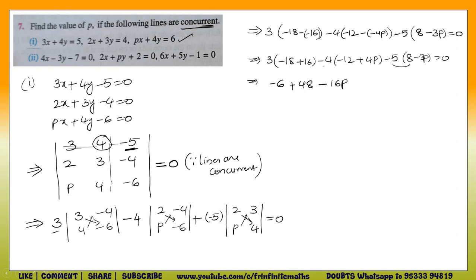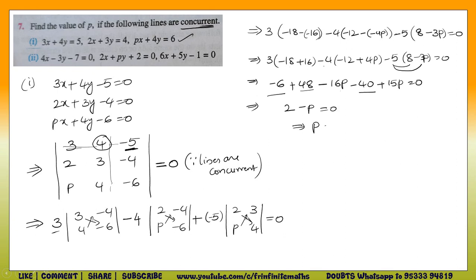Next, -5 times 8 is -40, -5 times -3p is +15p, equal to 0. Now simplifying, -40 and -6 is -46, -46 + 48 is +2, and -16p + 15p is -p. So the expression is equal to 0.